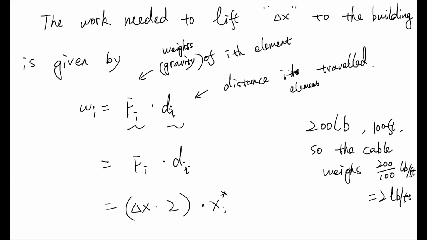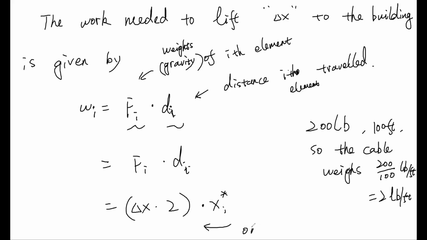In order to calculate the total work done, this is only the work done for the ith element. But when we divide the cable into a lot of elements, there are n of them.